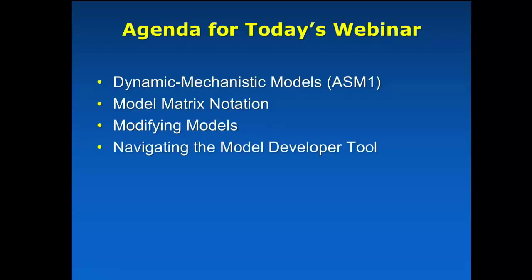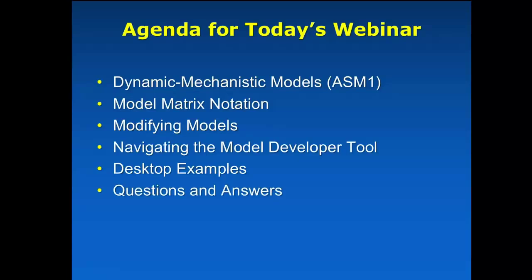And I'm obviously going to show you how to navigate your way through the Model Developer tool. And then I'm going to have a couple of examples where I will generate a couple of new models and then put them into GPSX and then use them in various different ways. And as always, I'll be able to answer any questions that you have when we get to the end of the webinar.